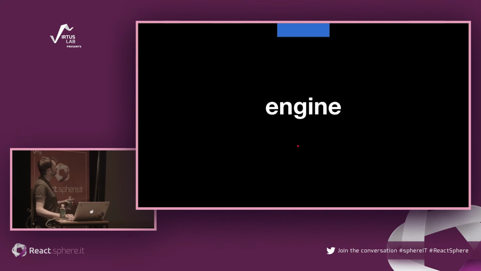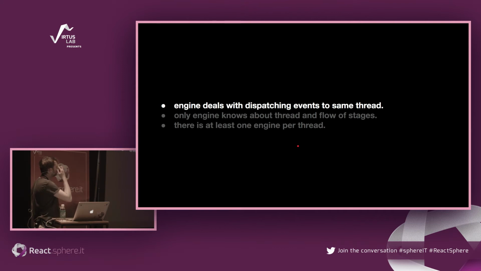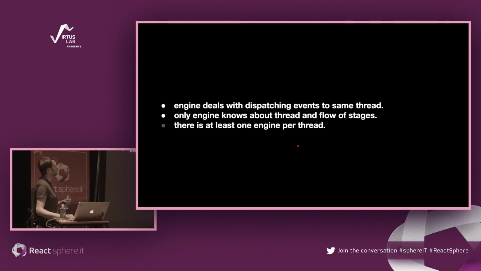There are a few pieces to it. The engine deals with dispatching events to the same thread. It's the only piece that knows about threads. It knows about events. The engine knows about these flows of the stages. There is at least one engine per thread.